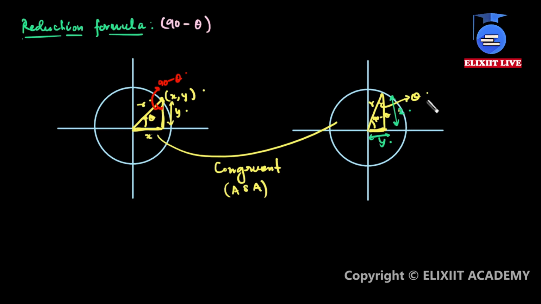So automatically the coordinates which were x comma y will turn out to be y comma x. If you take 90 minus theta over here and theta over here, this coordinate which was x comma y will turn out to be y comma x. Is this much clear to you? What we are trying to do?